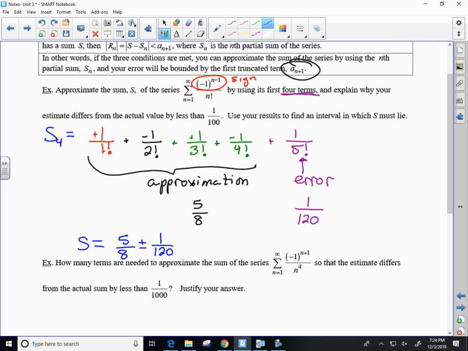That's still going to be in the interval. Plus or minus gives us a range. Actually writing it in interval notation, which you could, but this is the shorthand for that. So, if you wanted to, you could say, 5/8 minus 1 over 120, comma 5/8 plus 1 over 120.